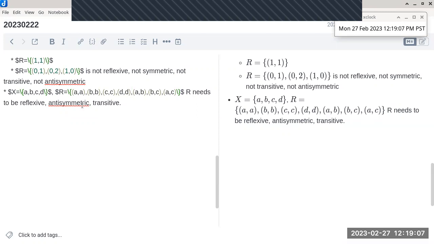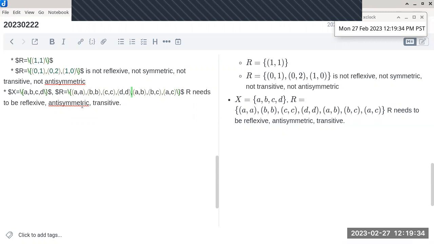If you ask, is it still transitive? It is still transitive, because D is not involved in any way with the transitive rules. So what is so bad about this? Imagine you're trying to sort the elements A, B, C, and D using this relation R. You have no problem saying that A relates to B in a certain way, and B relates to C in a certain way.